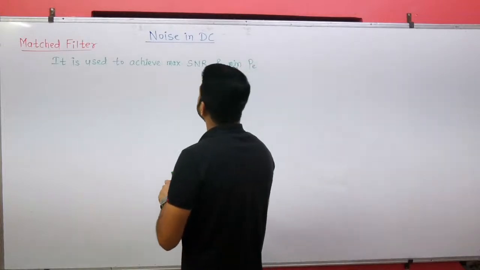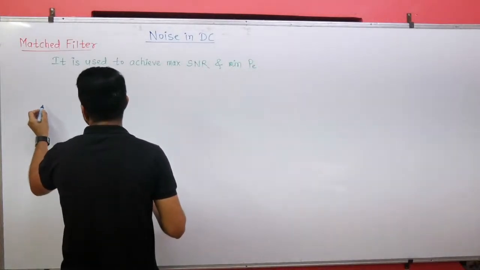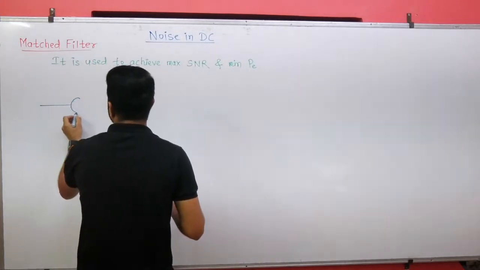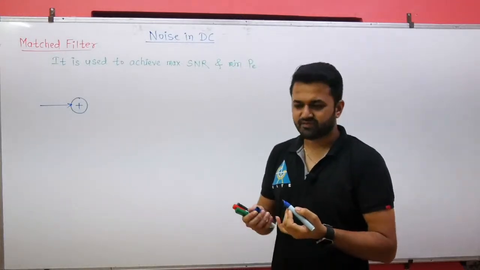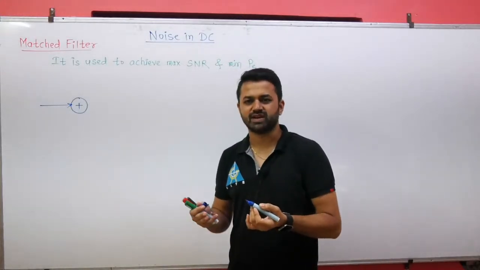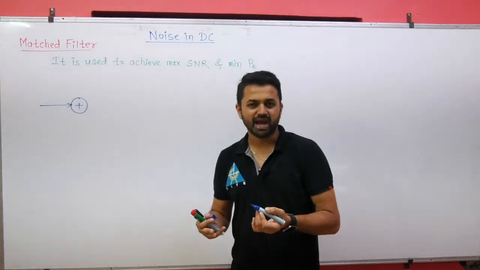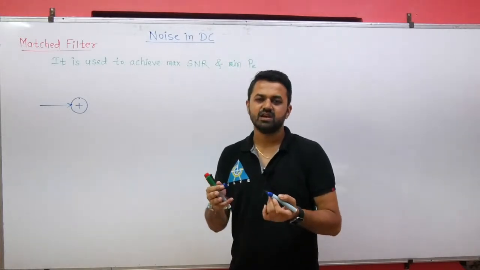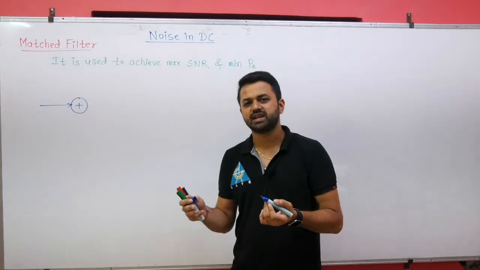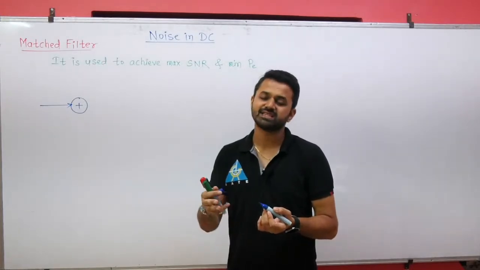So it is used to achieve maximum signal to noise ratio. Whatever signal we generate, whether it is a PCM signal, a delta modulated signal, or a band pass signal like BPSK or BFSK, we transmit it through the channel, and in the channel there is noise.